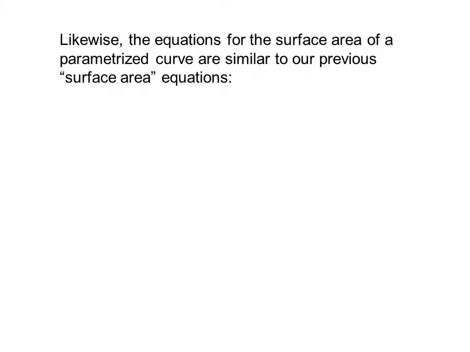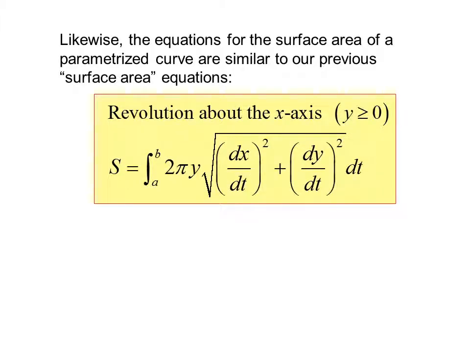Likewise, the equations for the surface area of a parametrized curve are similar to our previous surface area equations. The surface area for the revolution about the x-axis, where y is greater than or equal to 0, is S equals the integral from a to b 2 pi y times radical dx/dt squared plus dy/dt squared dt.